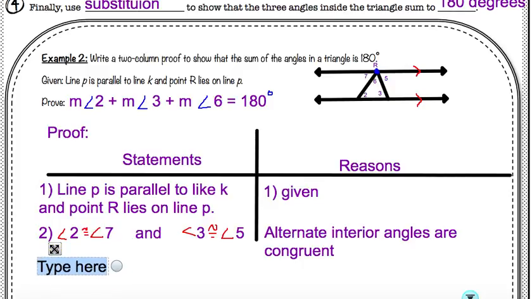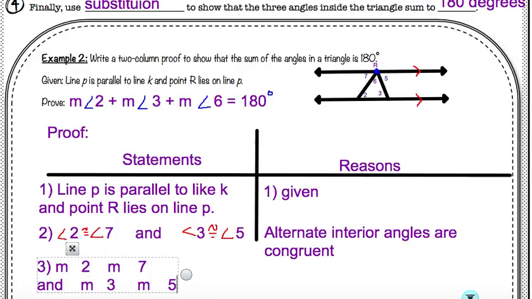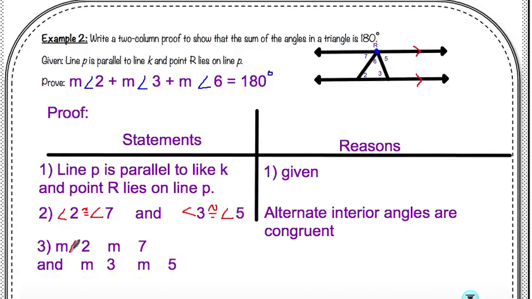Okay, step 3, we're going to state that the measure of angle 2 is equal to the measure of angle 7. And we're going to state that the measure of angle 3 is equal to the measure of angle 5. So if the angles themselves are congruent, the measures are equal. And this is a distinction that's very difficult for my students to remember. They struggle at first to understand why we have to do this.